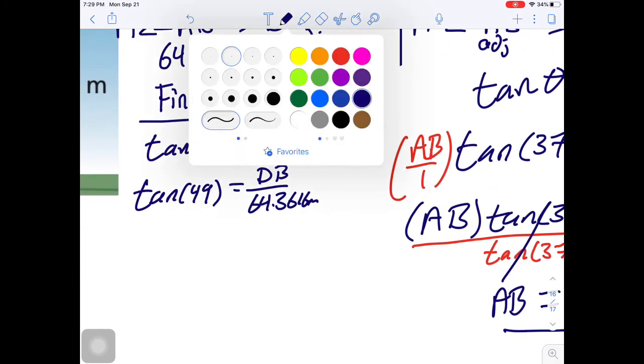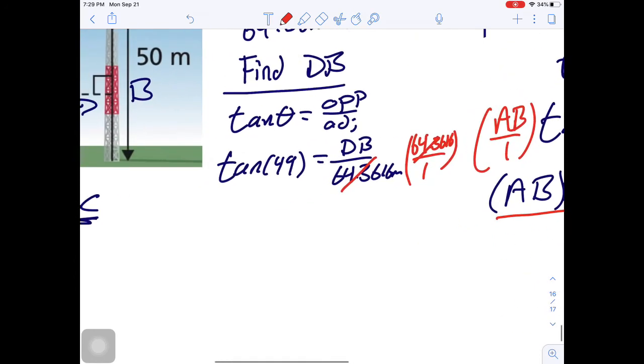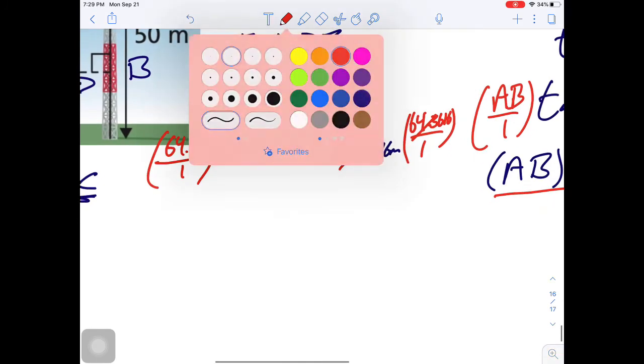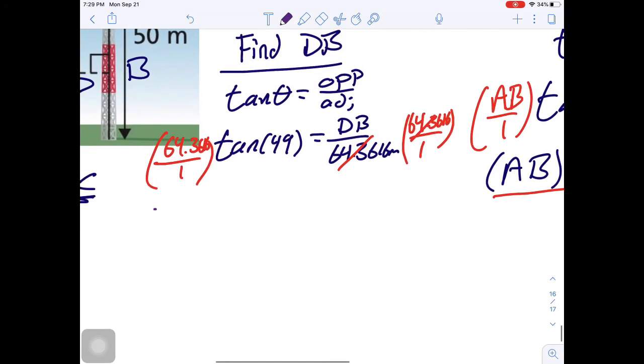And from there, I can solve for D to B. I'm going to multiply both sides by 64.3616 over 1 to cancel out my 64.3616. I'll multiply this side by that as well, because what you do to one side, you must do to the other. And then I'm going to get 64.3616 multiplying tan 49, and that's going to equal D to B.